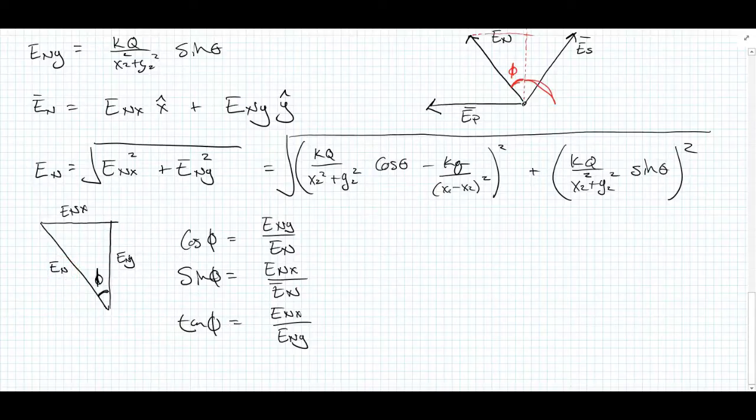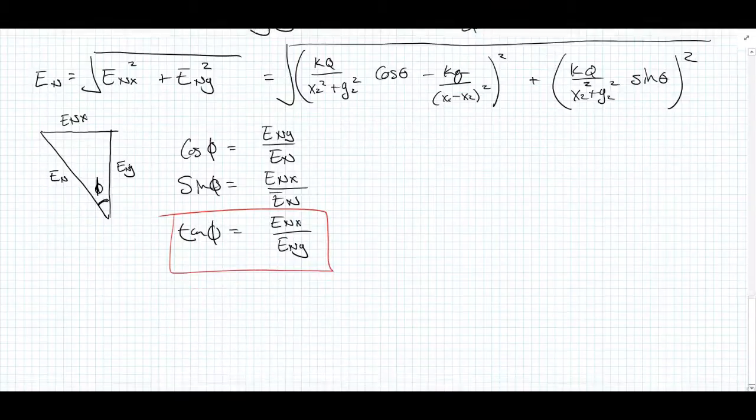The one we typically use when doing these direction calculations is the tangent, because we can calculate it without calculating the magnitude of the vector. If all I really need is the direction, I can calculate it without first calculating the magnitude, as long as I have the x and y components. So that's what I'm going to do.